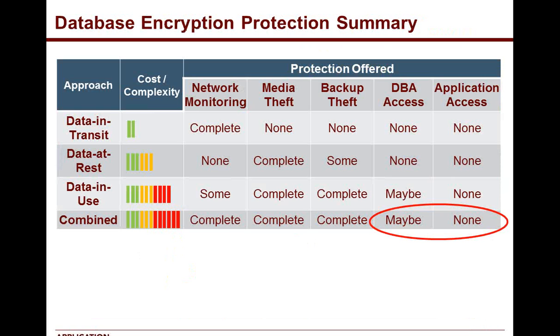Okay, so those are the 3 different types of database encryption. On the screen here is a matrix of those database encryption technologies and the protection that they offer. My focus here is really centered around DBA access, or you can call them the privileged user, and application access. Given that encryption is an important part of security and that it comes with great cost and complexity, I'm highlighting the bottom right of the screen on this matrix: even when taking all 3 types of database encryption technologies, which come at a pretty hefty cost and complexity, they do offer protection for network monitoring and for media theft or backup theft.